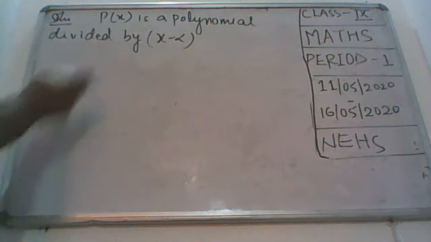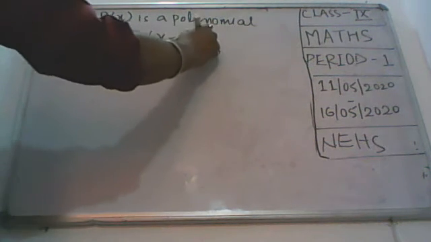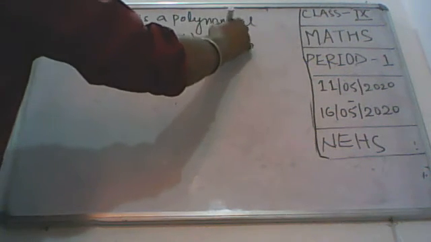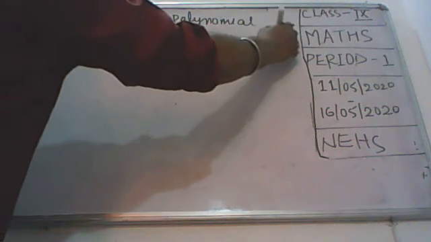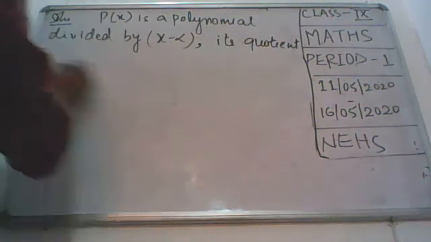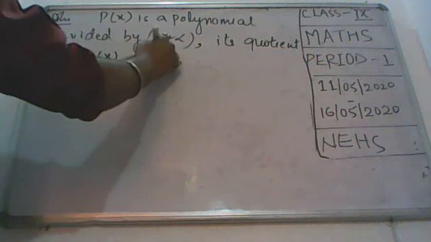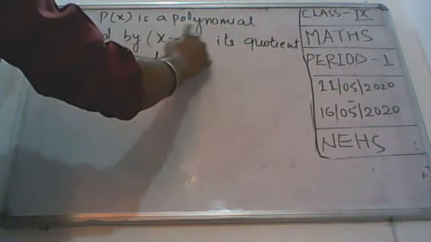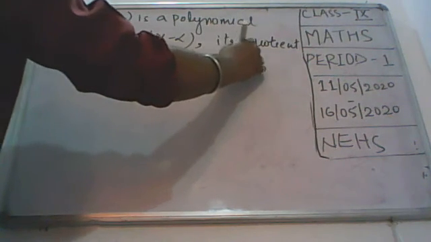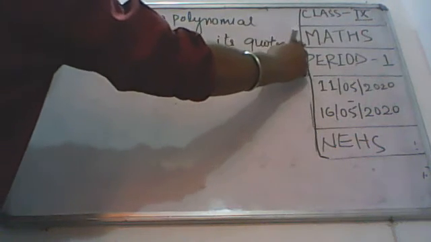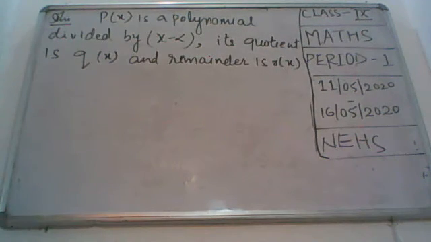Obviously, when a divisor divides a dividend, its quotient will also come, and its quotient is Q(x), and the remainder is R(x).